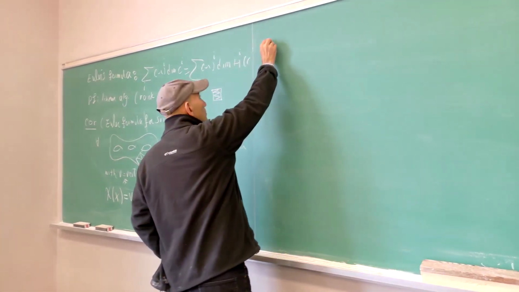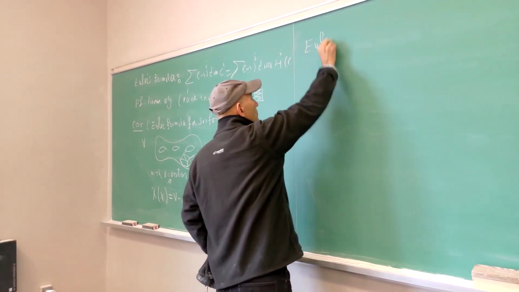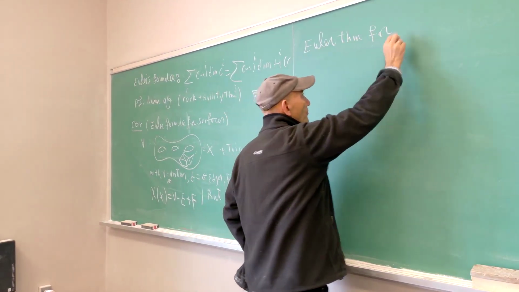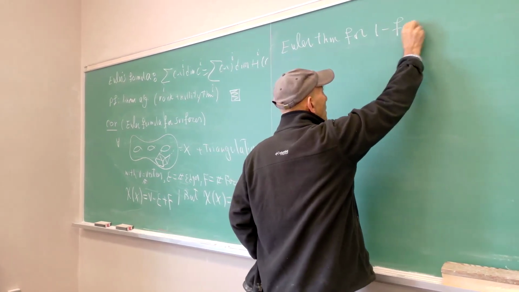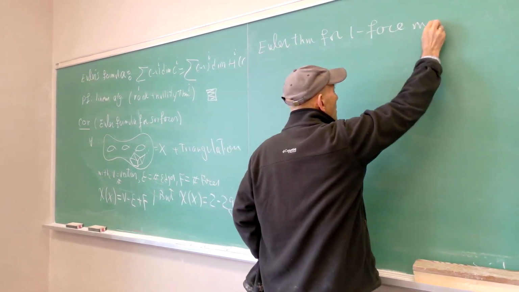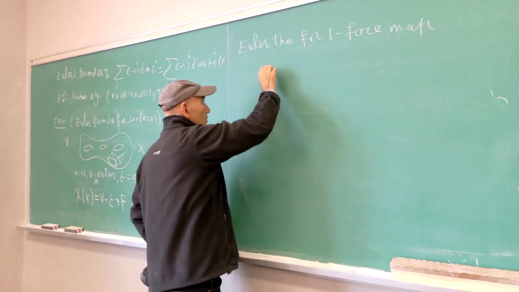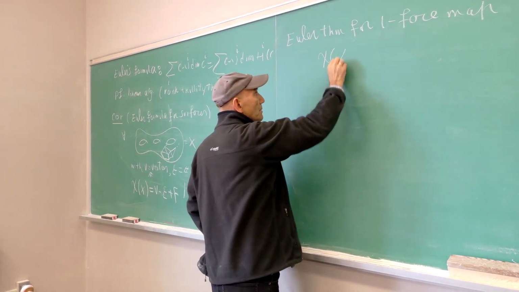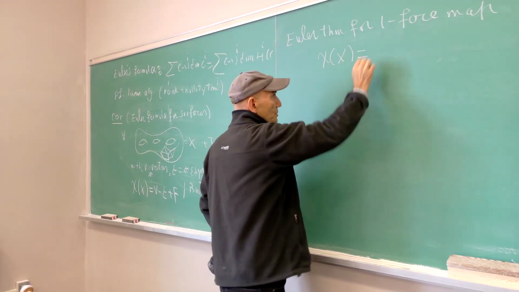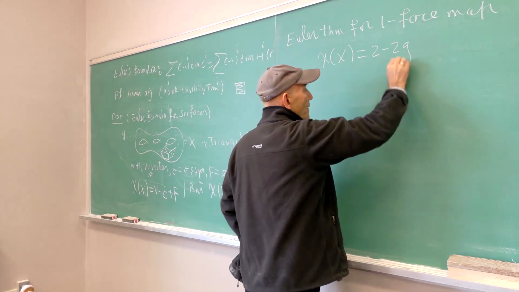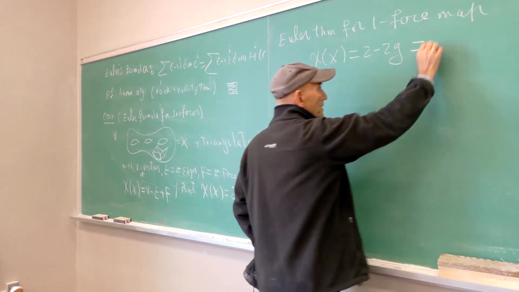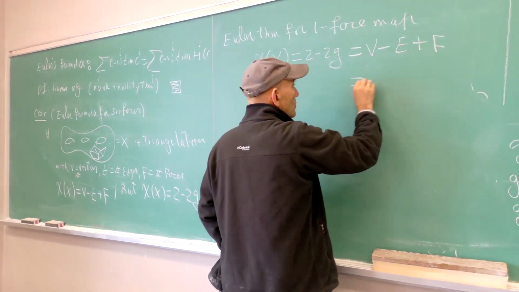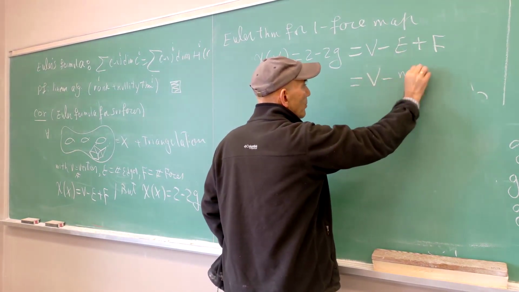Euler theorem for one-phase maps. So the Euler characteristic of the surface that you obtain, which is 2 minus 2g, is actually equal to V minus E plus F, which is V minus M plus 1.